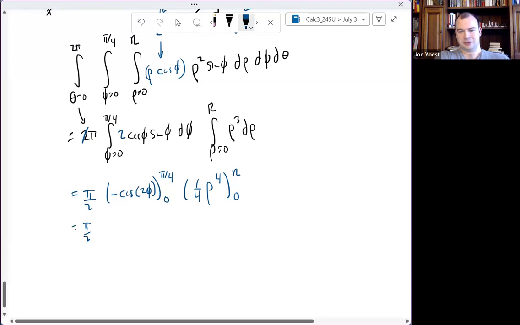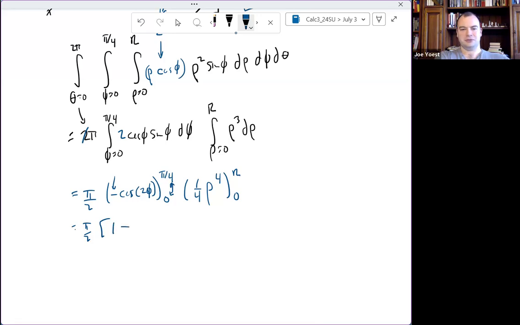Or this is pi over 2 times, well, this negative just switches the bounds. So that's cos of 0 is 1 minus cos of 2 times pi over 4, cos of pi over 2, that is 0. Cos of pi over 2, that's the x coordinate when we are straight vertical along the y-axis, that's 0.